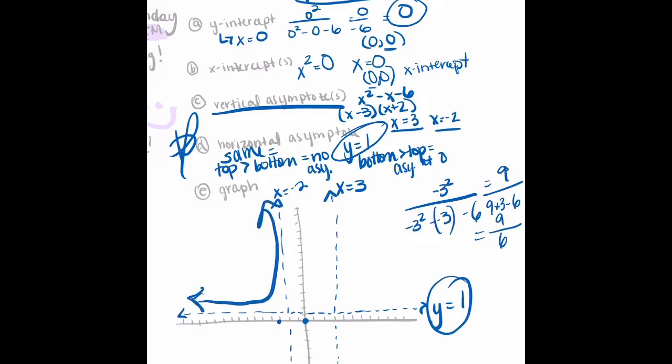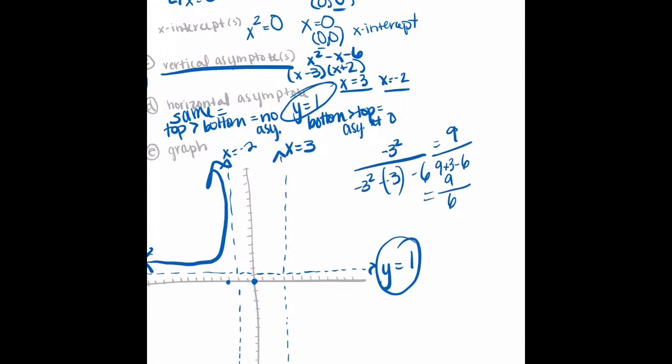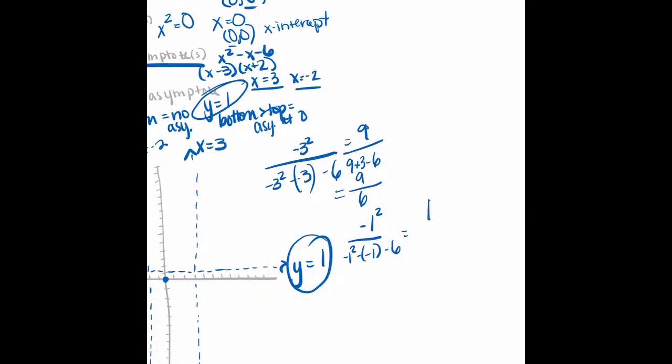So it's probably going to go something like this because it's positive and it's going to have to approach the asymptotes. And now I'm going to plug in negative 1 to see what's happening on this side of the graph. I'm going to say negative 1 squared over negative 1 squared minus negative 1 minus 6. I'm going to get 1 over 1 plus 1 minus 6.